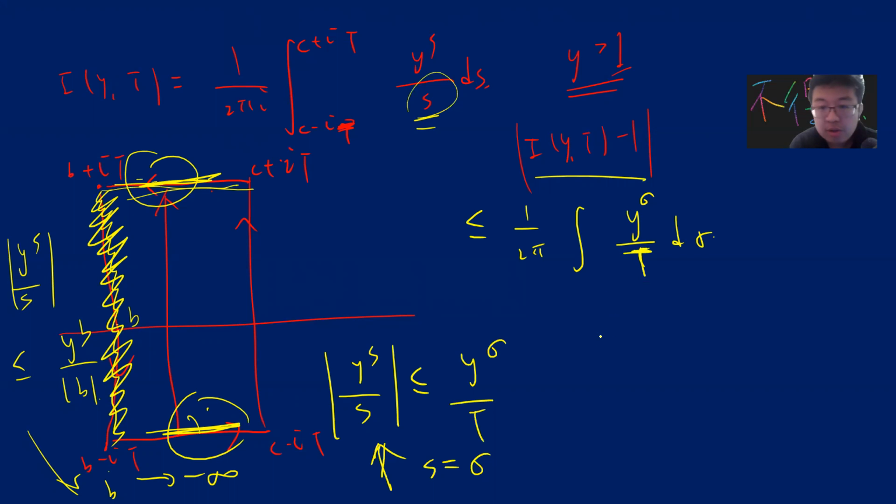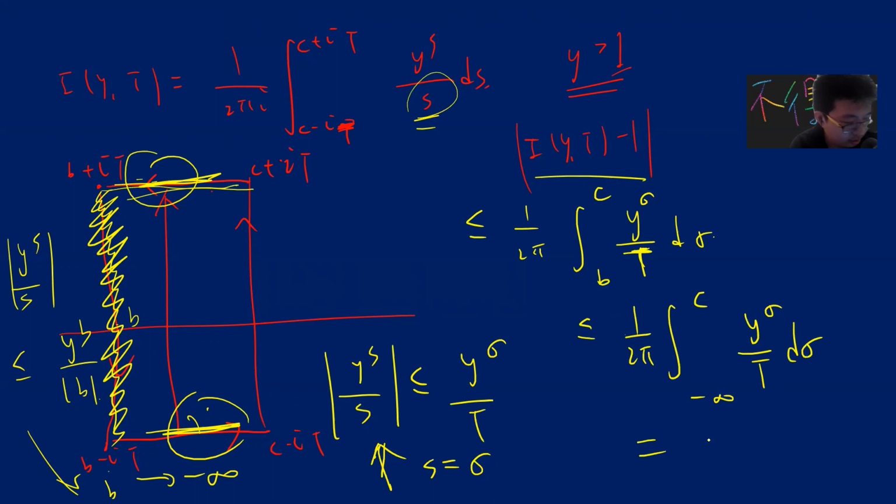So this is less than or equal to 1 over 2 pi, the integral from negative infinity to c of y to the sigma over t d sigma. Okay, so this is y to the c over 2 pi t log y. Okay, so simple proof.